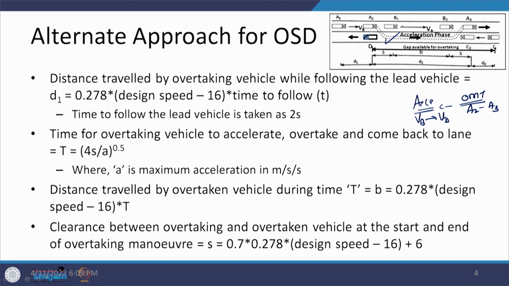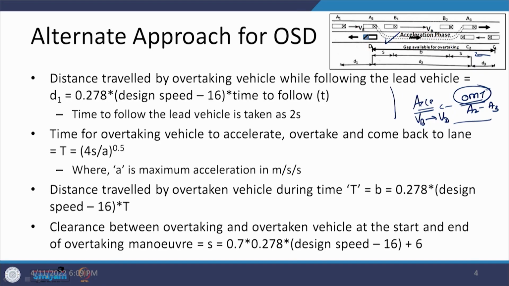Based on this movement, we are going to calculate this OMT, and the distance moved by a vehicle from C1 to C2 is what we are going to look at. Here we will not take 2/3 of OMT, because in the previous approach we looked at OMT from A1 to A3 and said that A2 to A3 is 2/3 of the OMT, which was calculated for the vehicles coming from the opposite direction.